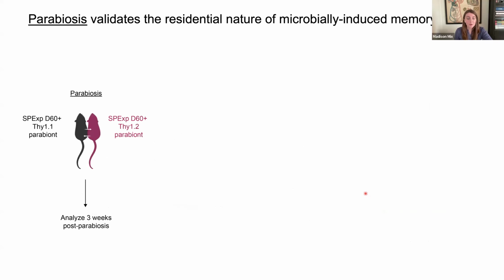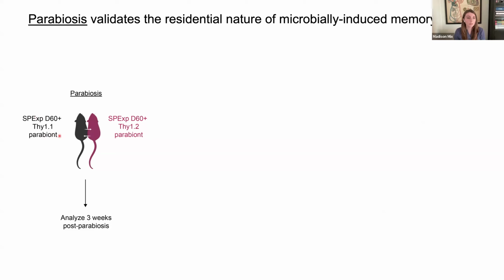But for a lot of TRM-based immunologists, the real test of whether a cell is resident is the fact that it doesn't move. And the assay that you can do to confirm that these cells are not moving is parabiosis. And so to do this, what we did is we took infection-matched mice that were allelically disparate at the Thy1 locus.